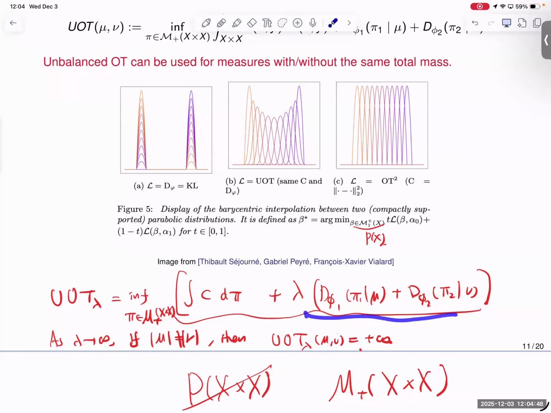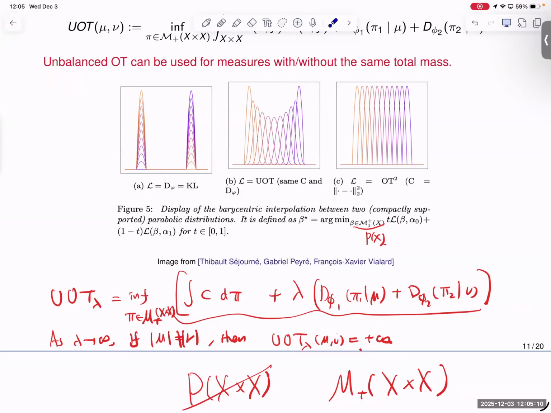Yeah, I think you need some condition on this. These functionals are continuous with respect to the weak star topology, I think.